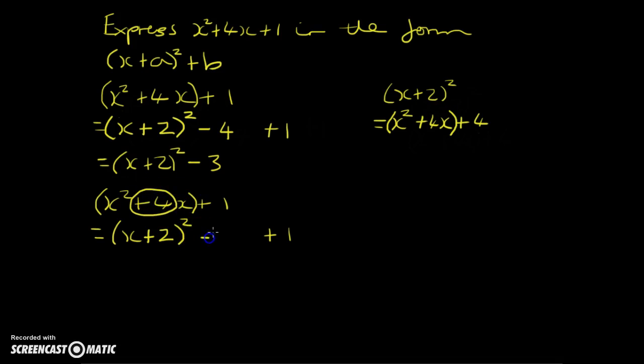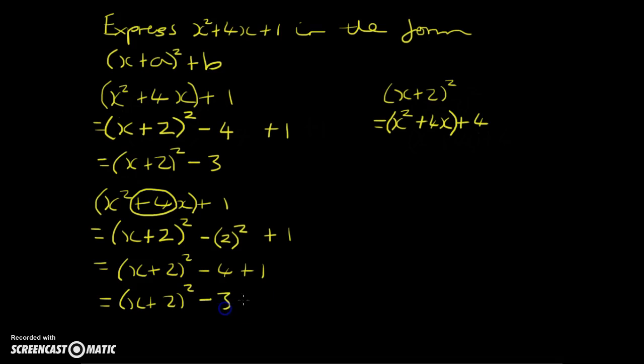And one other thing we've got to do, so that this expression equals that expression, we've got to take away this number squared. So we get exactly the same as above, and we end up with x plus 2 squared, subtract 3.